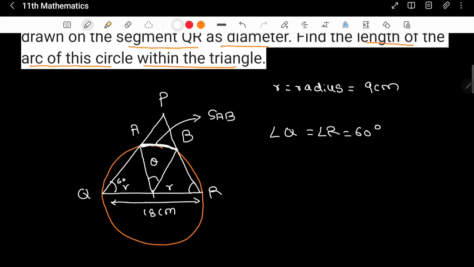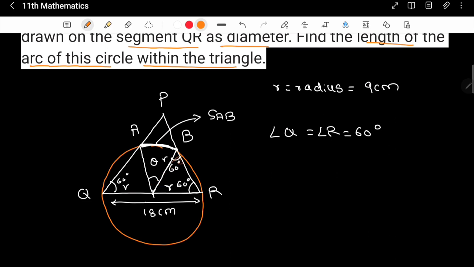This is 60 degrees and this is also 60 degrees. This line is a radius. This is also the radius of the circle. Now by using the property of isosceles triangle, this angle is also 60 degree.